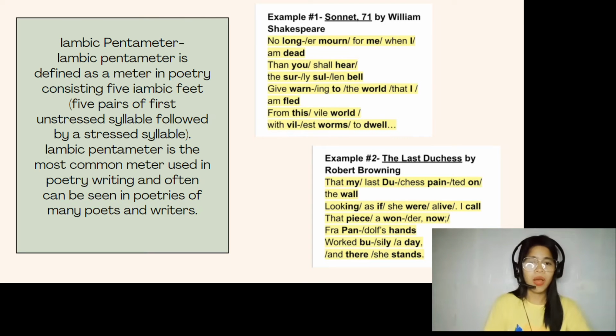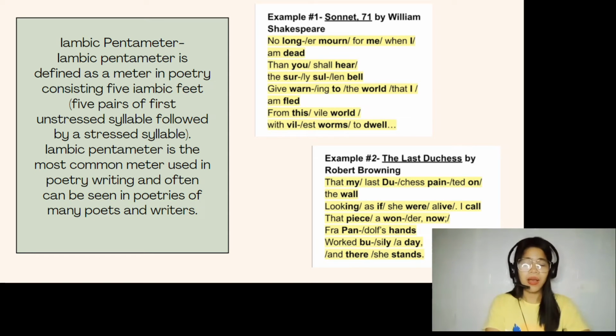The second one is My Last Duchess by Robert Browning. Let's read. That's my last duchess painted on the wall, looking as if she were alive. I call that piece a wonder now. Fra Pandolf's hands worked busily a day, and there she stands.